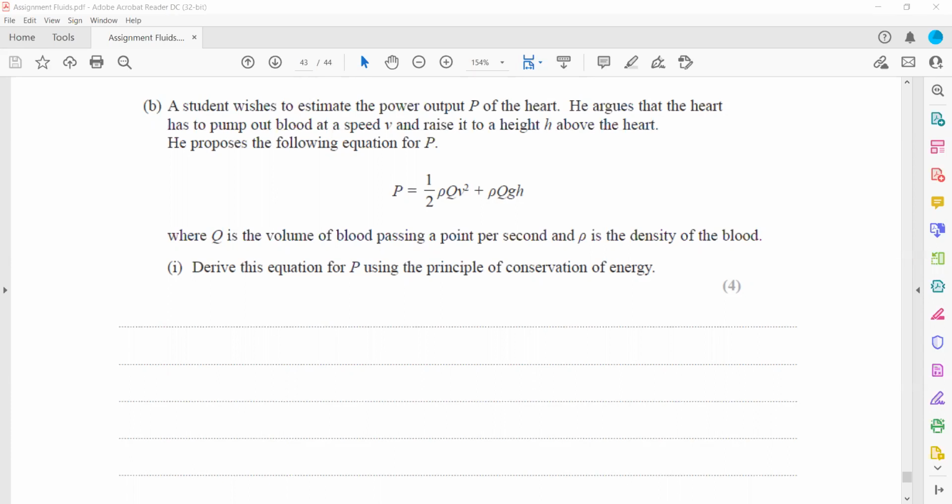So we can say the energy supplied by the heart, or the work done by the heart, is equal to the kinetic energy of the blood plus the potential energy of the blood.